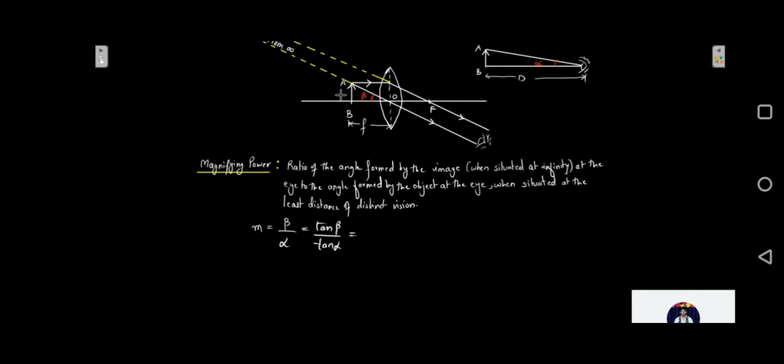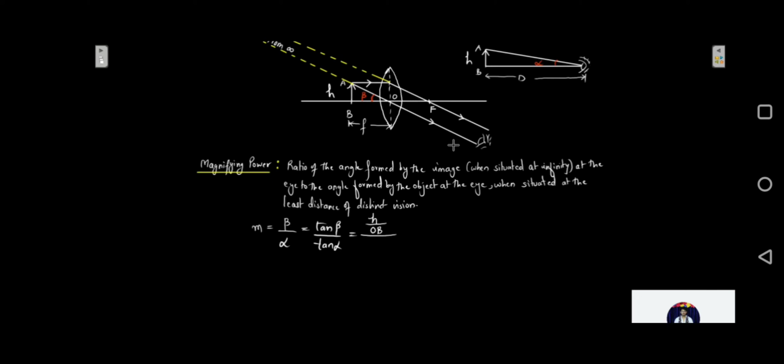ABO, if I say that the height of the object is h, or you can keep it as AB also, no issues. So tan beta is going to be opposite, that is AB or h, divided by the adjacent, that is OB.